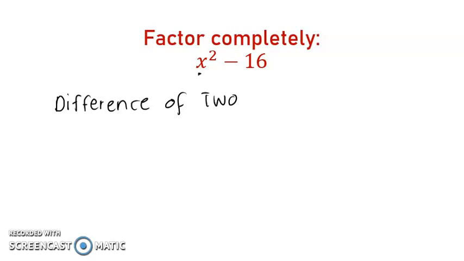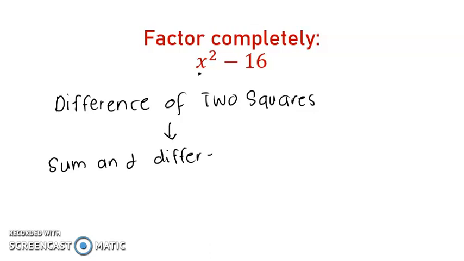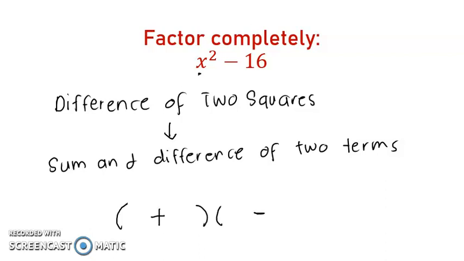Okay? Now, for us to factor this one, whenever we have difference of two squares, we always expect that our factors will be the sum and difference of two terms. Okay, so for our answer, we are expecting that we have two terms. One is the sum, and then the other one is the difference.